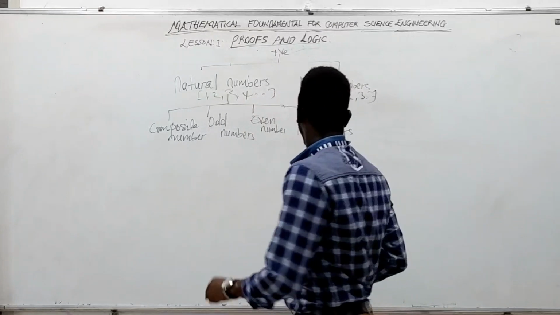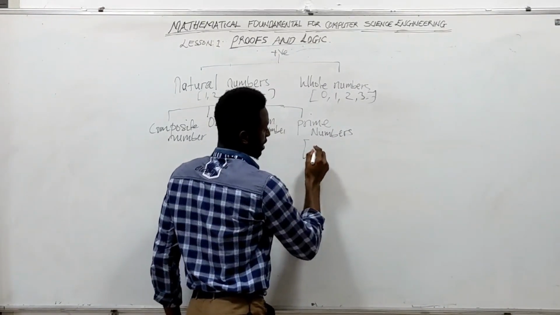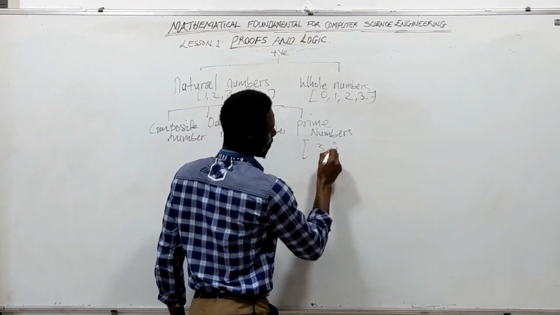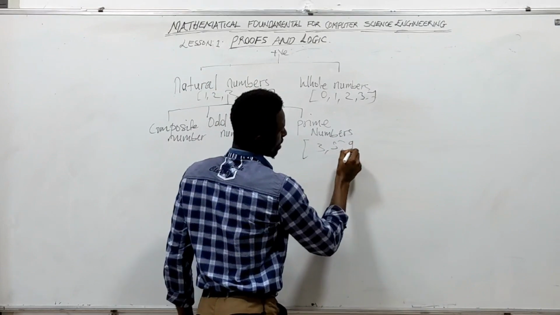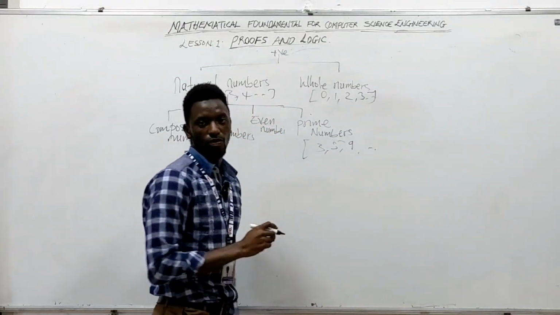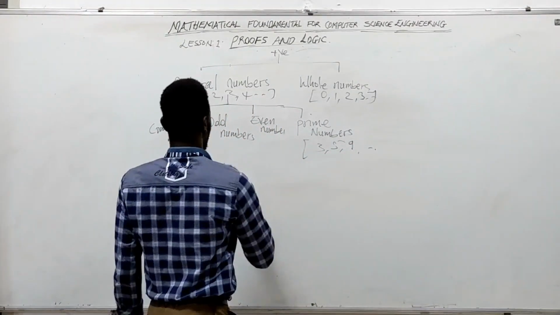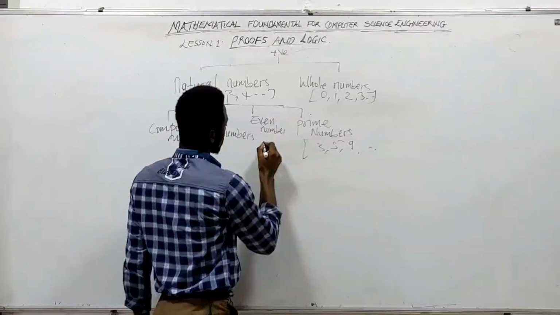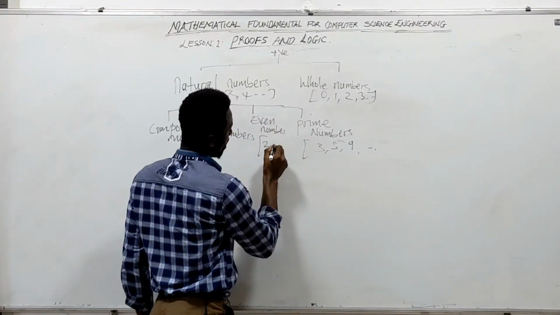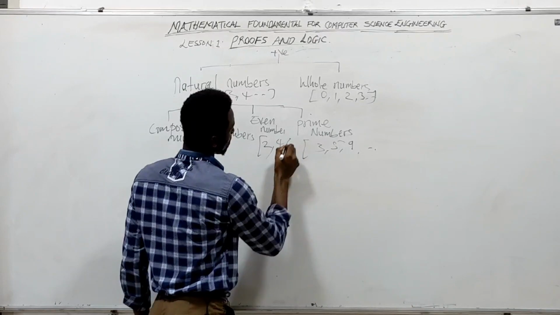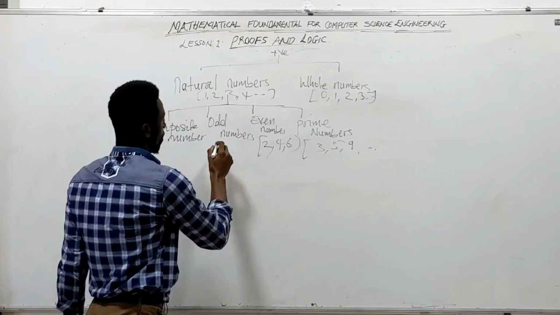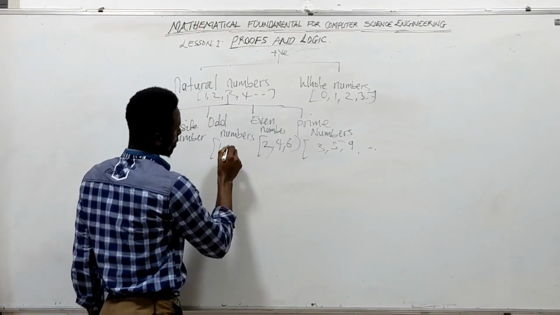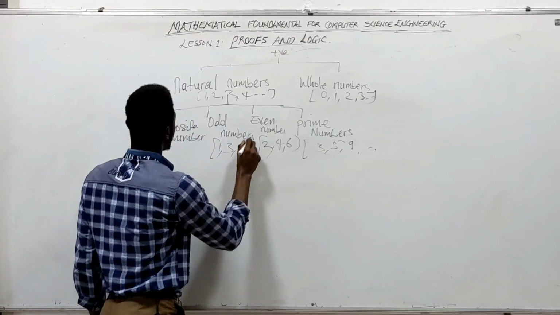Prime numbers are numbers like 3, 5, and so on. 1 is not a prime number. Even numbers, for example, are 2, 4, 6. Odd numbers start from 1, 3, 5, and so on.